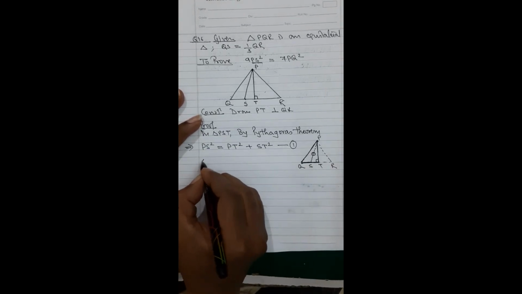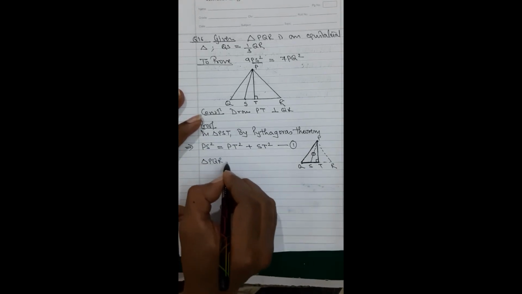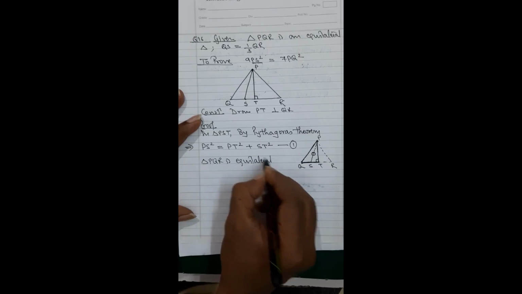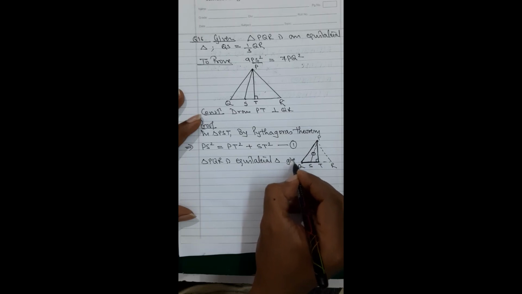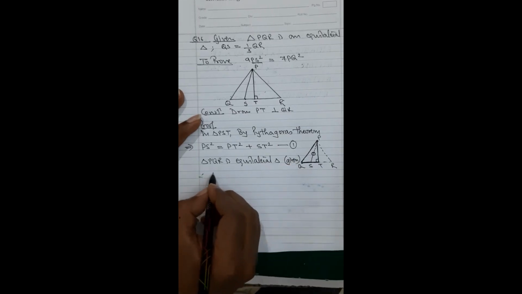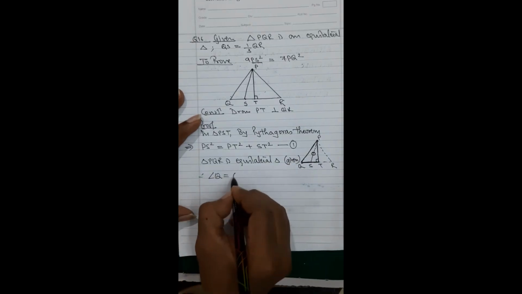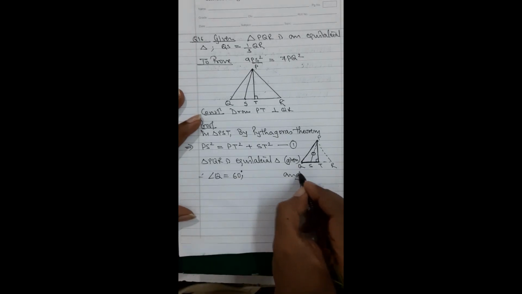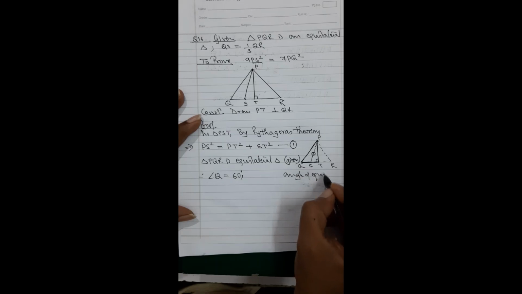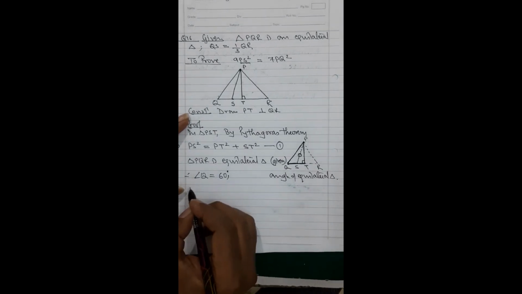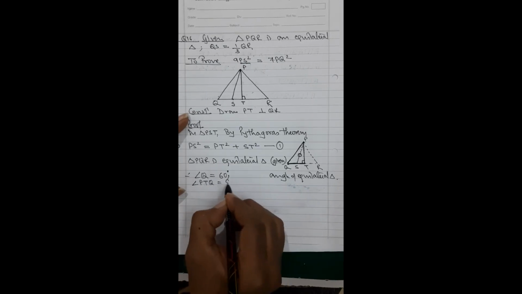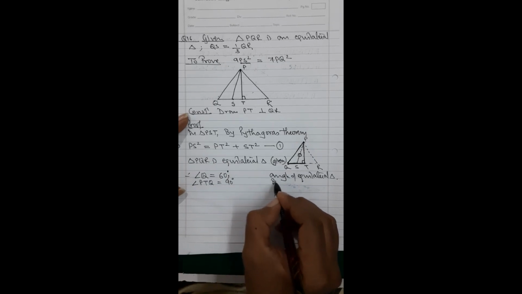Why? Because see, triangle PQR is an equilateral triangle. This is given. Therefore, angle Q is equal to 60 degrees, angle of equilateral triangle. Fine. Angle PTQ is equal to 90 degrees, this is by construction.